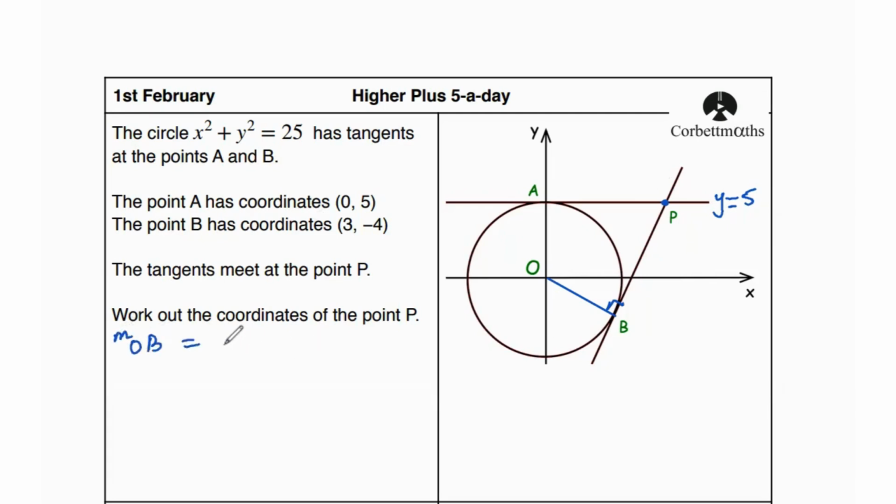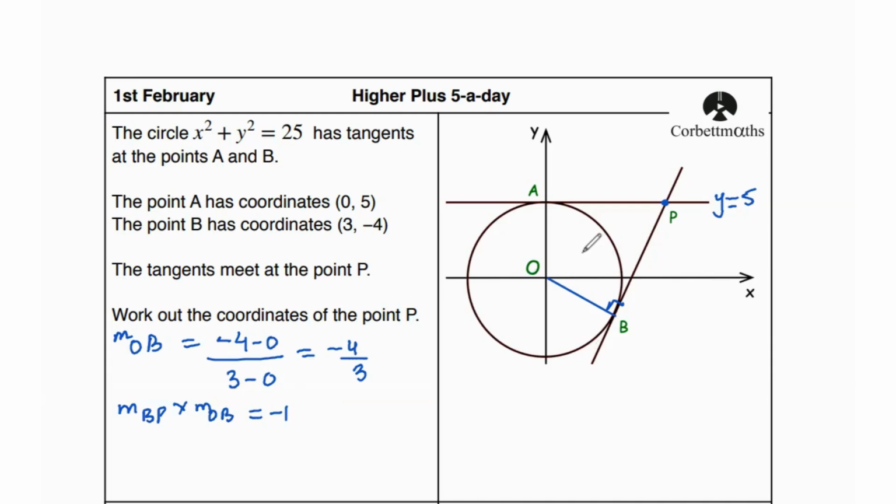OB would be negative 4 minus 0 over 3 minus 0, which is y2 minus y1 over x2 minus x1. And that's going to be negative 4 over 3. So gradient of BP times gradient of OB would always equal negative 1 because they're both perpendicular lines.